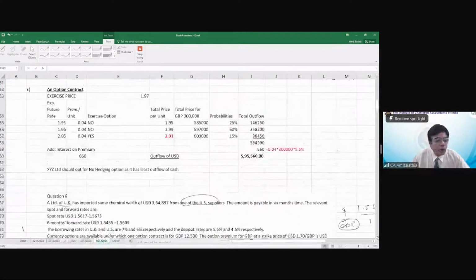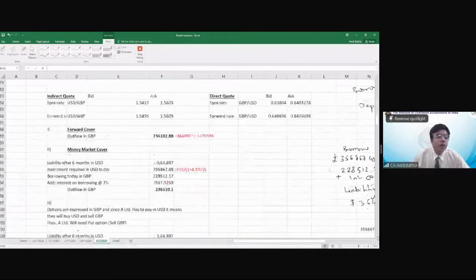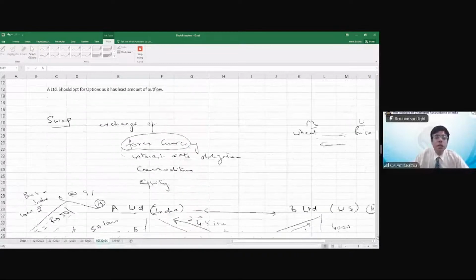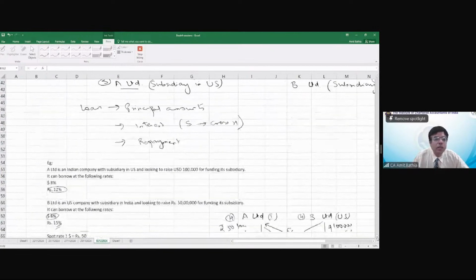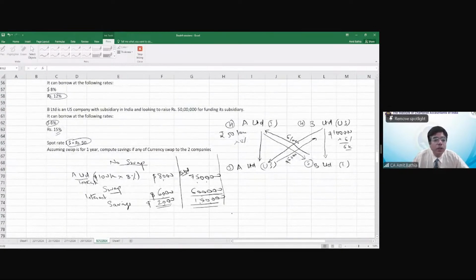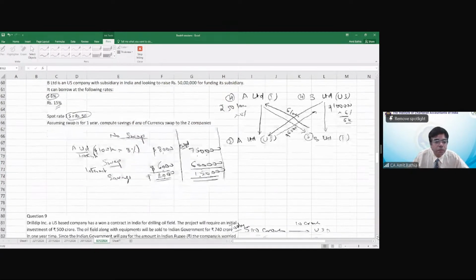Thereafter, we identified the meaning of swap and how the swap works, and what savings are made on account of swap by both the respective parties. It may not be the same amount, however, it will be beneficial to both of them.